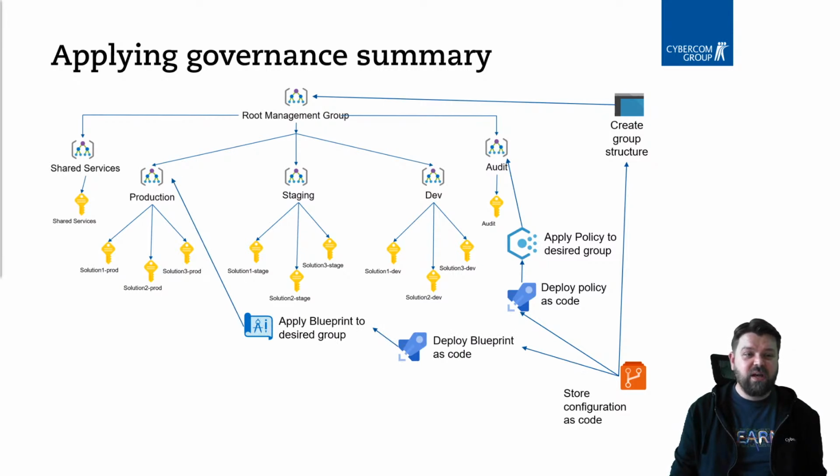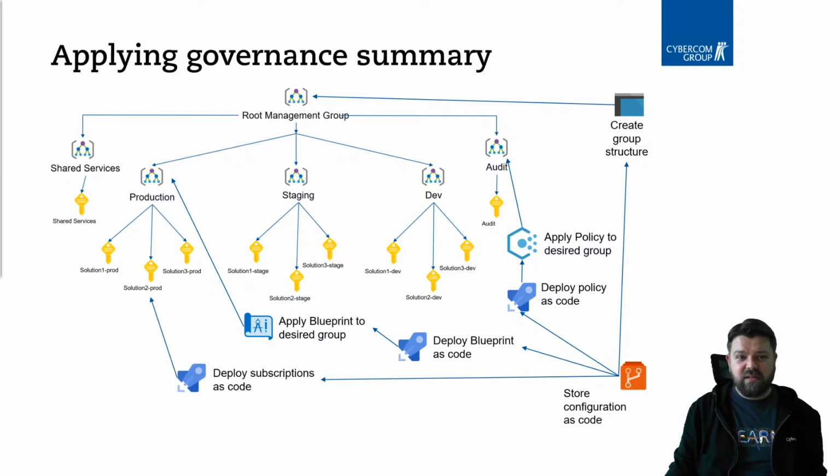Again, blueprints are a bit strange. To deploy blueprints, you must first create one in the portal. Then you have to export it. But once you've exported that blueprint, you can bring it into Azure DevOps and play around with it. You can then make changes and push those changes into your environment.